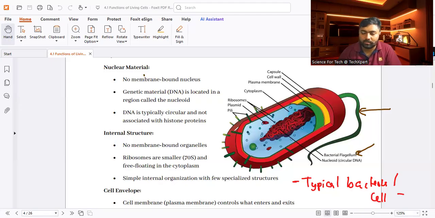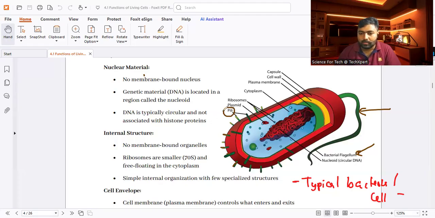And you can see some hair-like structures originating from the cell wall and the plasma membrane, mostly from the plasma membrane. These are known as pili.